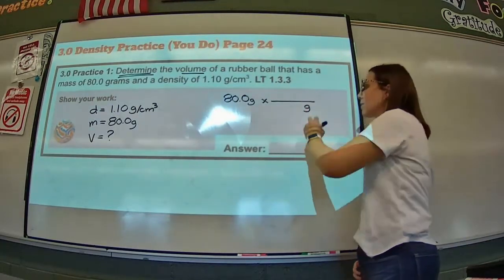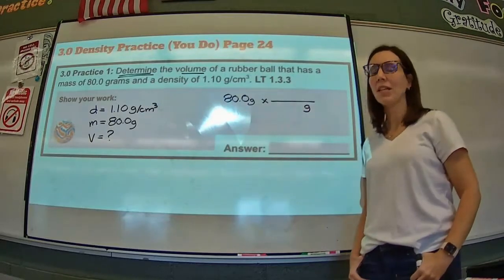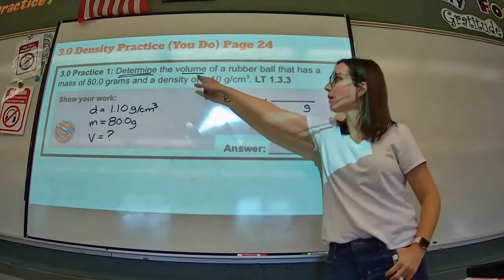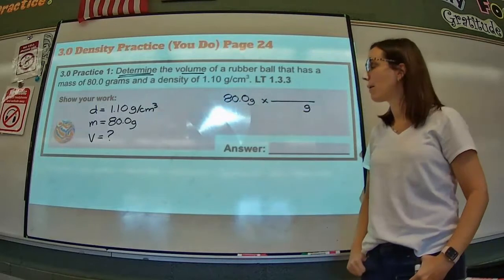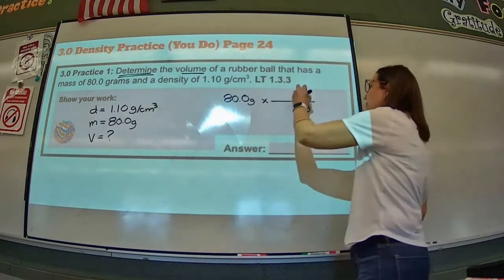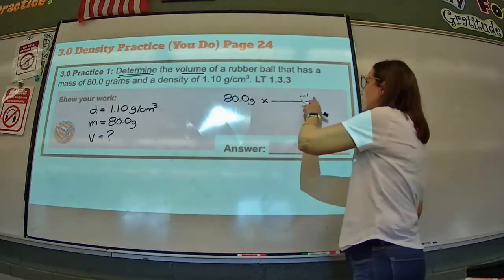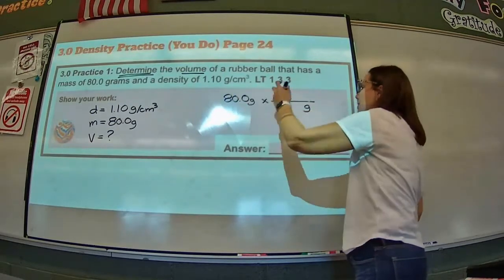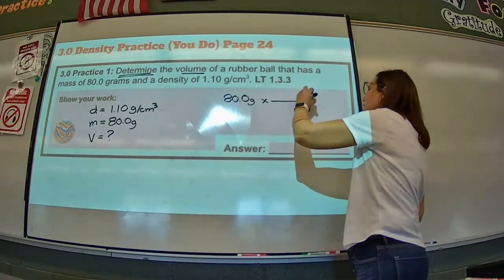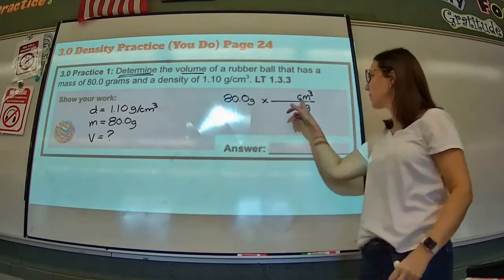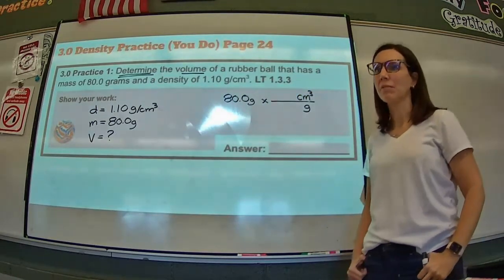What I'm trying to solve for is my volume, which is going to be in cubic centimeters, because that's what the density is giving me. To be honest, milliliters and cubic centimeters are the same thing.